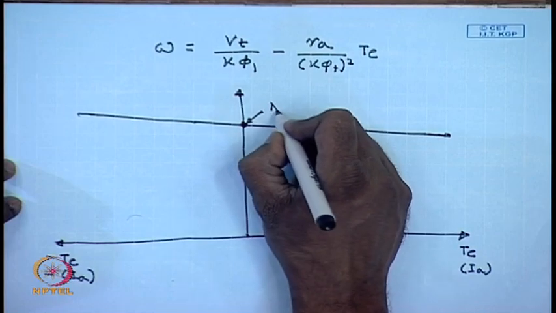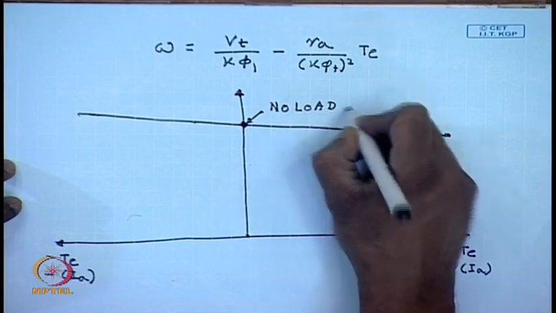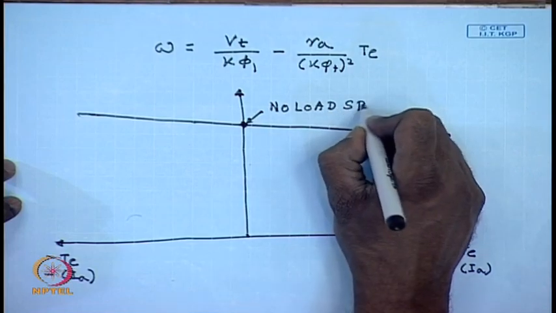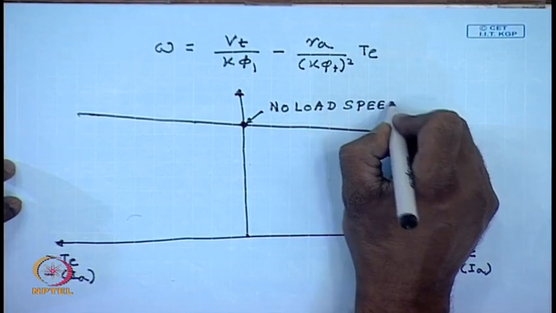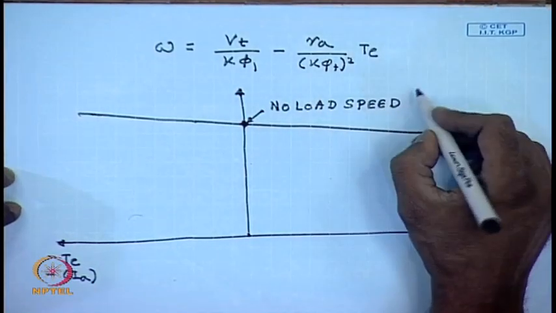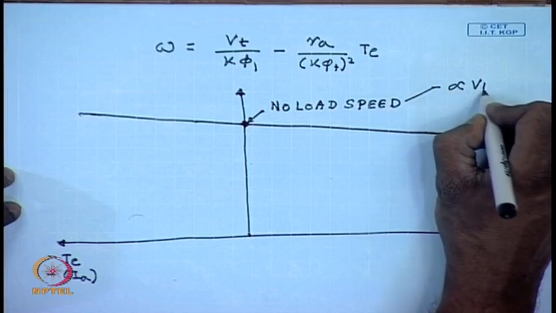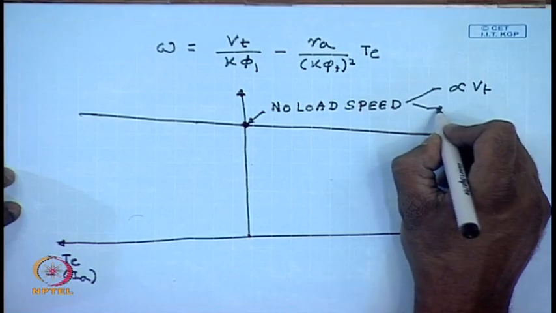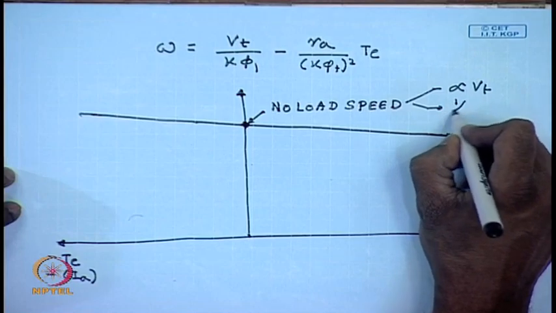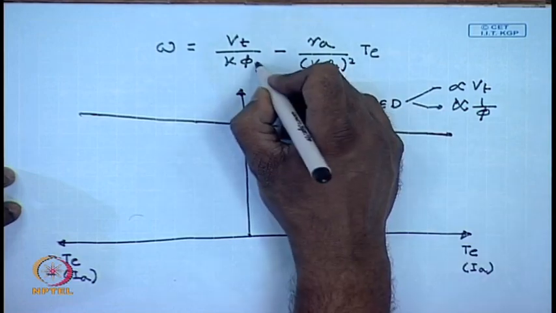So, this is the no load speed. We see that this no load speed with Te equal to 0 is proportional to the terminal voltage and inversely proportional to the field flux.